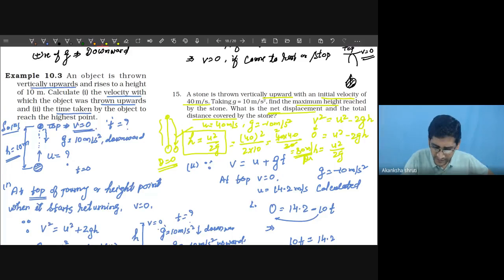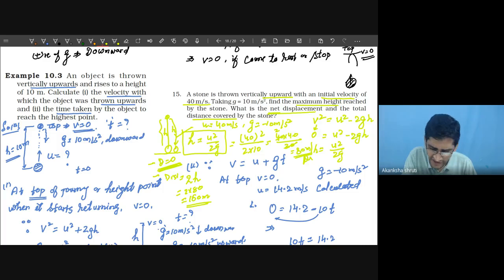While the object is coming back, the displacement is 0 and the total distance is h in the forward direction and then h returning from the same height, so the distance is given by twice h. So distance is twice into 80, so it is 160 meter, while the displacement is 0 if we consider the object has returned back to the earth.